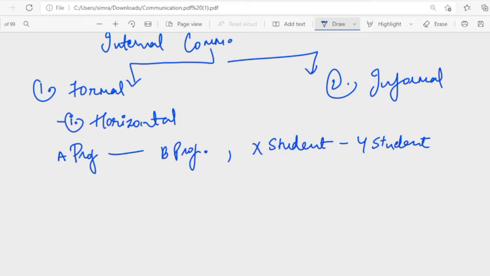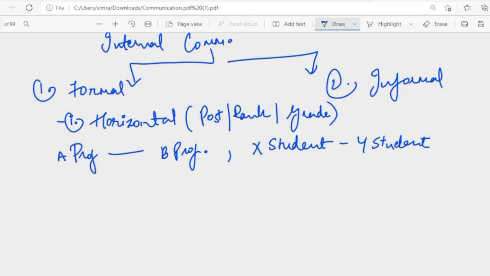So basically, horizontal is when your post, your rank, your grade is same and you are communicating with that person.